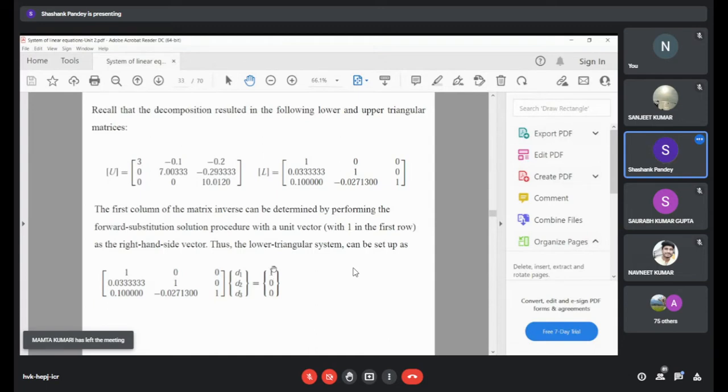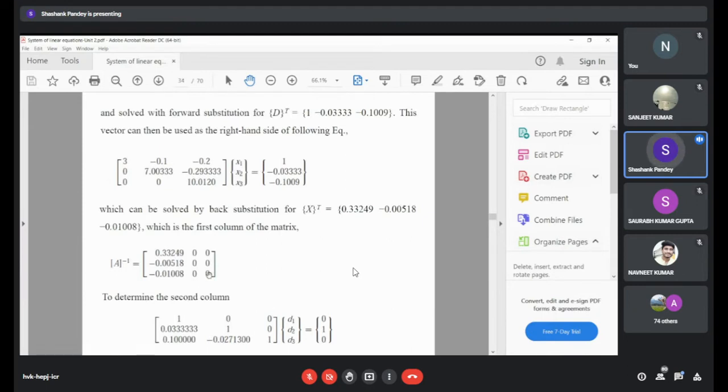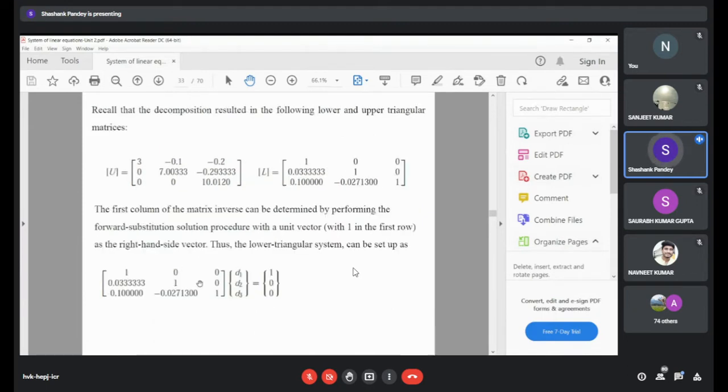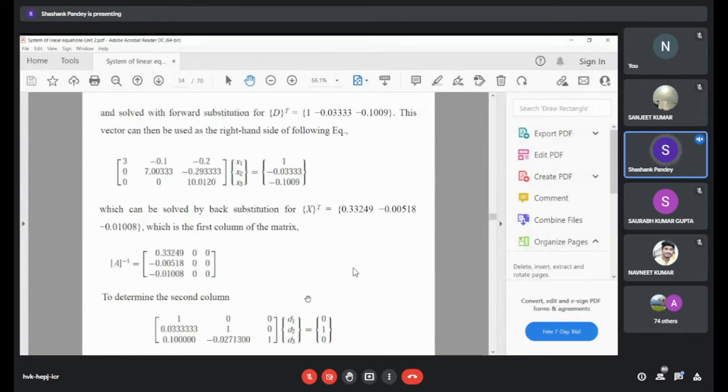Then we replaced the right hand side with the first row term as 1 and the rest of the terms as 0 in order to get the first column of the inverse of matrix A. In order to get the second column, we now replace the second term with 1 and the rest of the terms of row 1 and row 3 will be 0. Again we will perform this exercise.